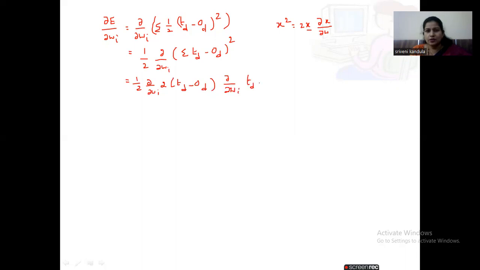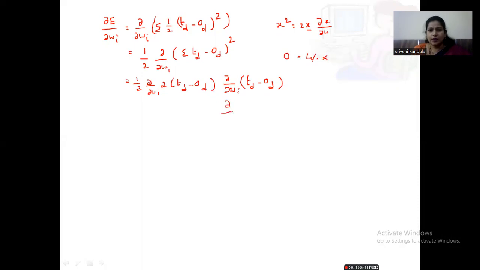Once again, what is our output? We have expressed our output function as W bar dot X bar, the multiplication of vector W with the input X. Let us substitute the same value in place of Od.